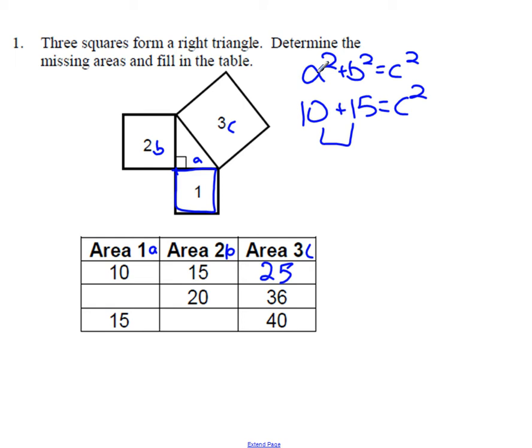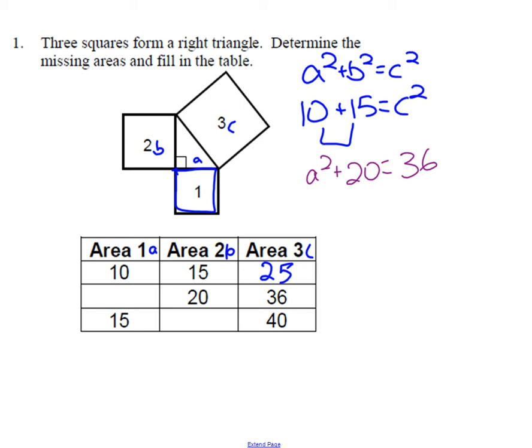Next one. So now this time, do we know what a is? No. So we say a squared plus 20 equals. So anytime you have a right triangle, this area plus this area has to equal the bigger area.